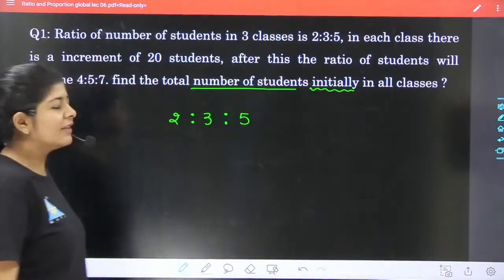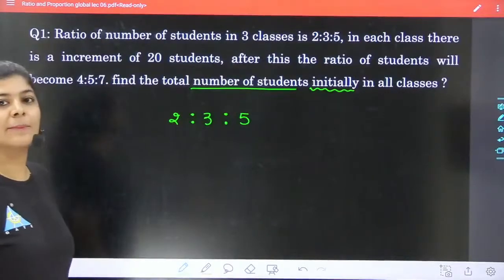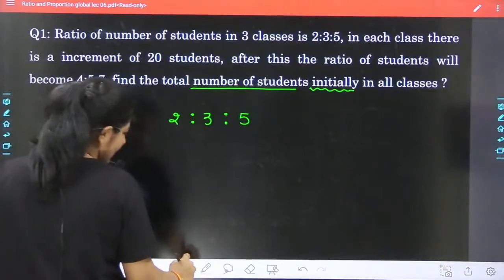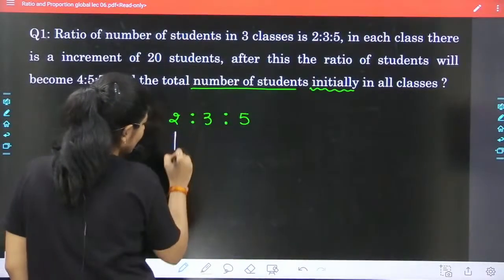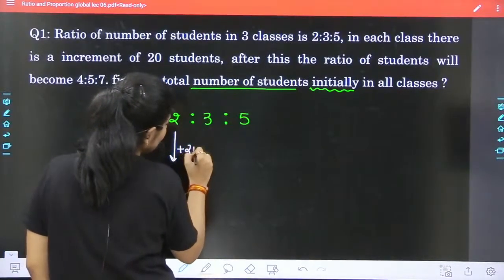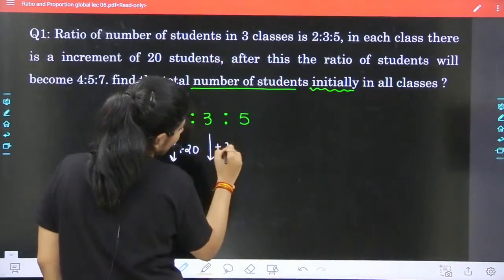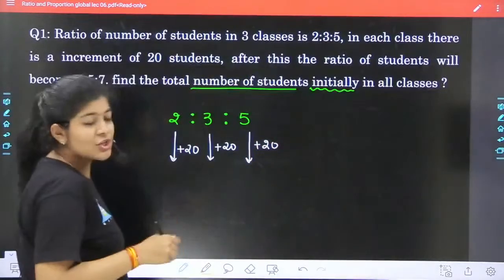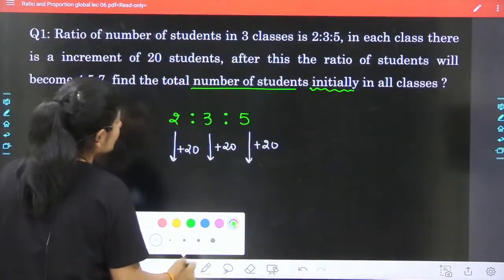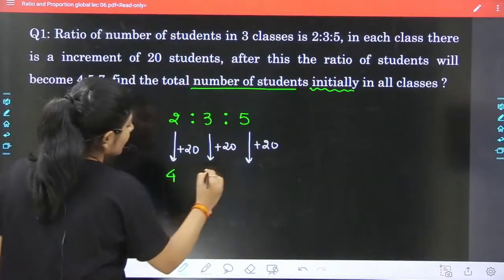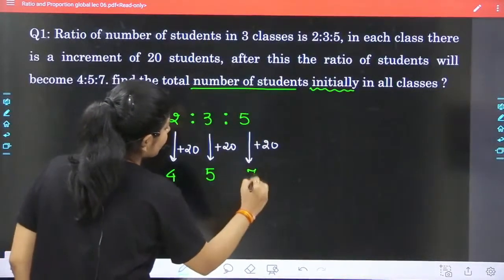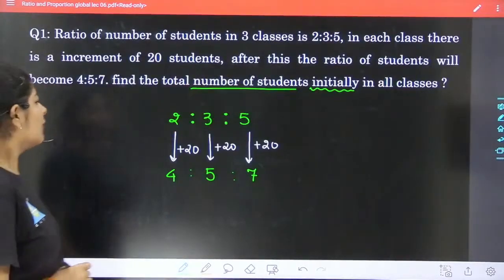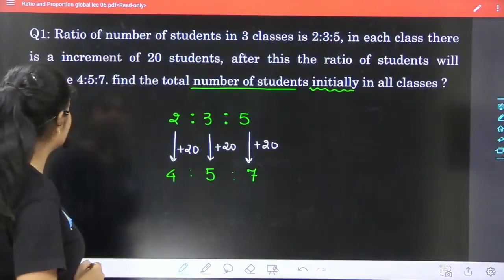But it is given that after the increment of 20 students in each class, the ratio will become 4:5:7.